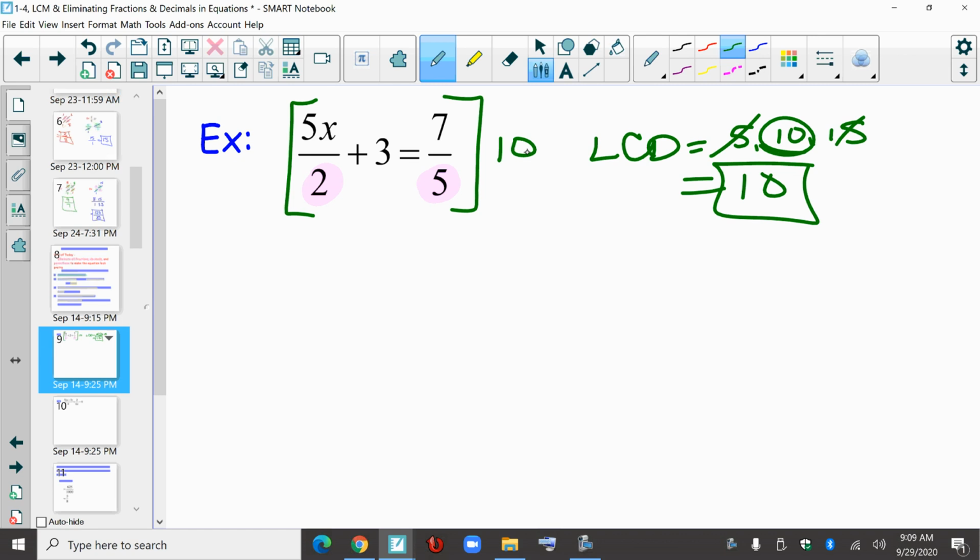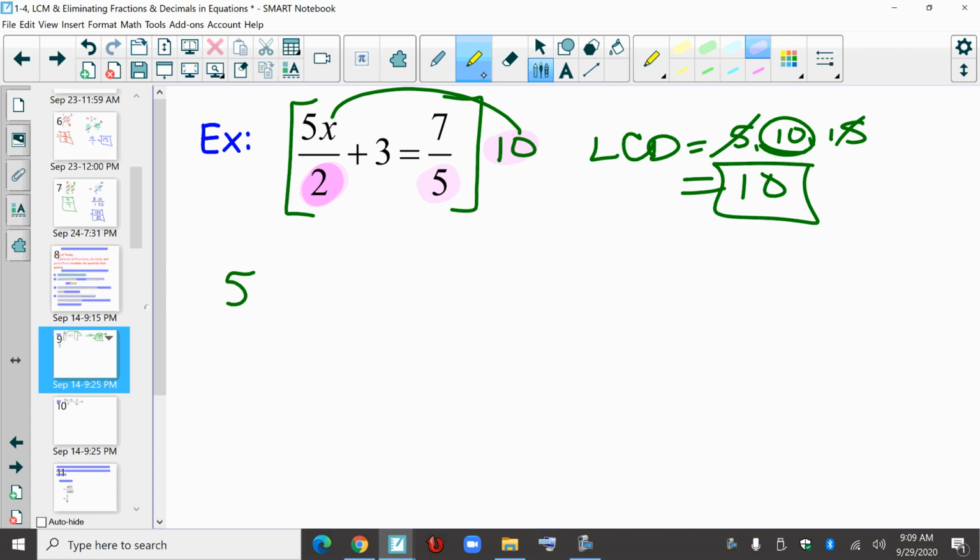Now, if you recall, whenever we did the multiplication of fractions, we always look diagonally and cross-reduce. So what we're going to do is we're going to distribute this 10 into the 5x divided by 2. So that means we are going to simplify this and this first, the 2 and the 10. So 10 divided by 2 is going to give you a 5.